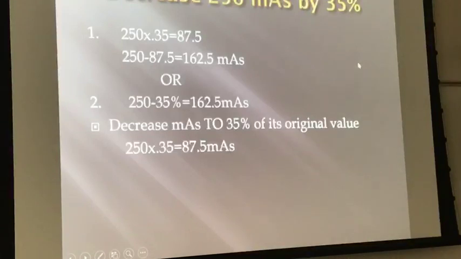All right, so now we have decreased mass to 35% of the original value, and that is just stopping at this point right here. So you've really blasted the patient with way too much radiation, and you need to cut your technique back to 35% of what your original value was. Then you would just multiply 250 by 0.35, and that will give you your 87.5.